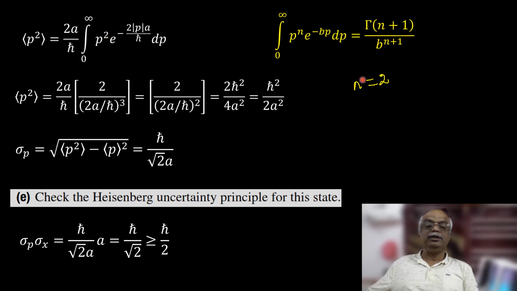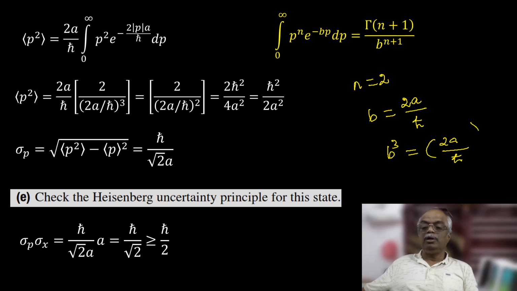Then what is q? See here it is minus q p, except this modulus p, everything is q. So q is 2a over h cross. Then q power n plus 1 means 2 plus 1, 3. So q cubed is 2a divided by h cross whole power 3.